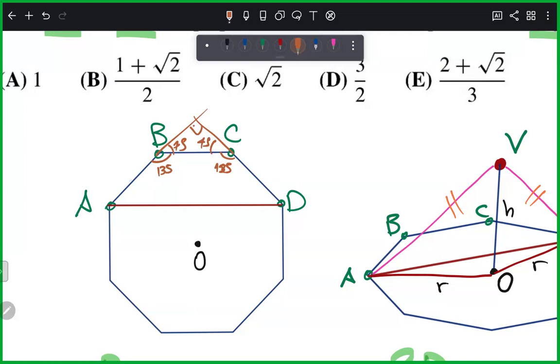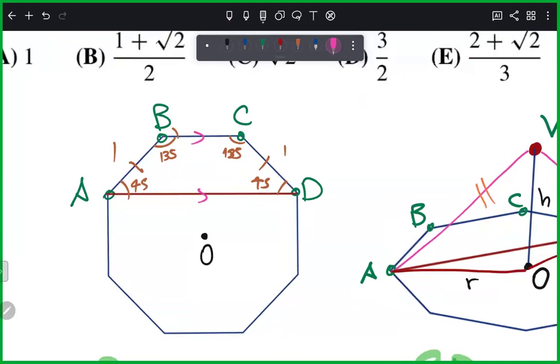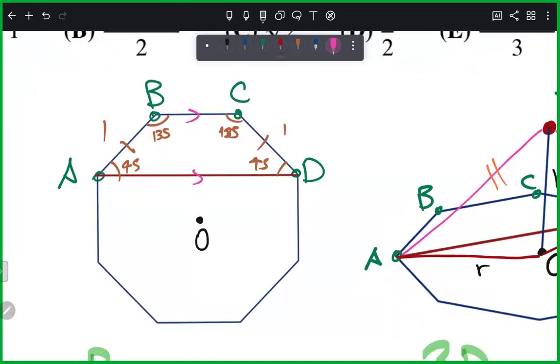Since this side and this side are both 1, equal to each other, this triangle is also an isosceles triangle, meaning that these angles are 45 degrees each. Not only that, this implies that BC and AD are parallel. So we can get rid of the rest and just use the fact that BC and AD are parallel, and these angles are such.